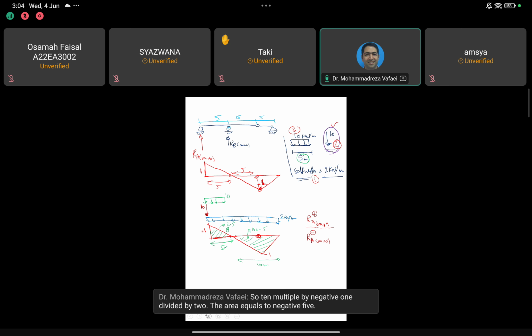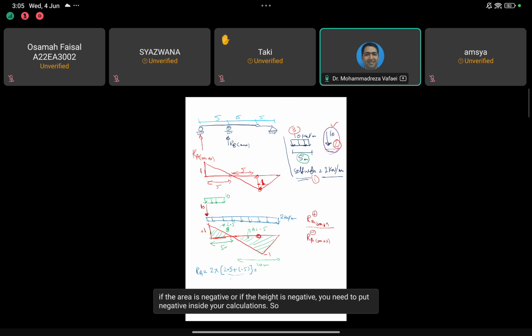So if you want to calculate RA, now we have everything in our hand. From self-weight, we have 2 multiplied by the two areas that we have, 2.5 plus negative 5. Don't forget, if the area is negative or if the height is negative, you need to put the negative inside your calculations.